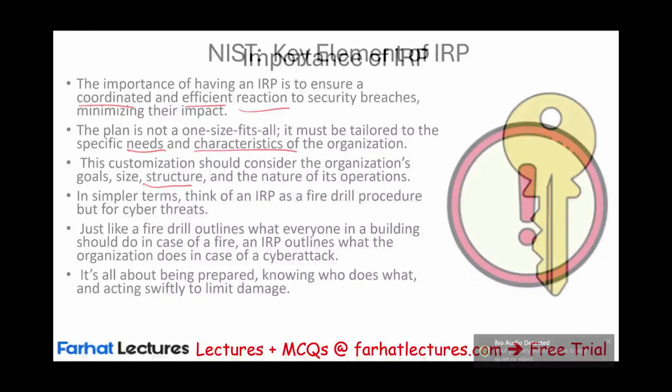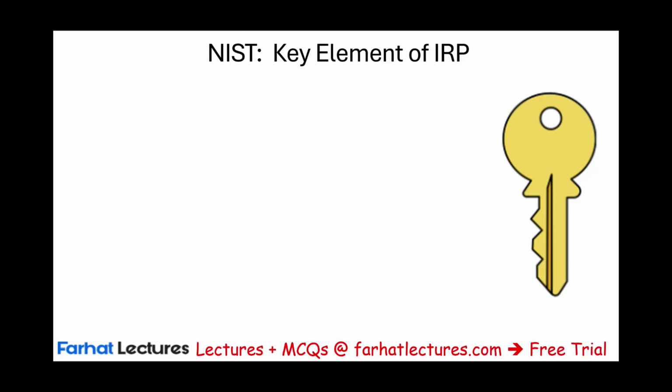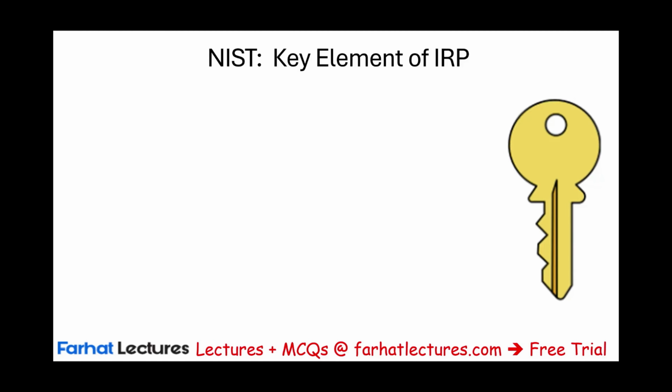Now, the next thing we're going to look at are some key elements in those types of IRP. NIST, which is the National Institute of Standards and Technology, is an organization that we need to be very familiar with for the CPA exam. It outlines key elements for any IRP plan. So we're going to look at these elements just to give us an idea what an IRP plan should include in order to be successful. First is the company should have a mission.